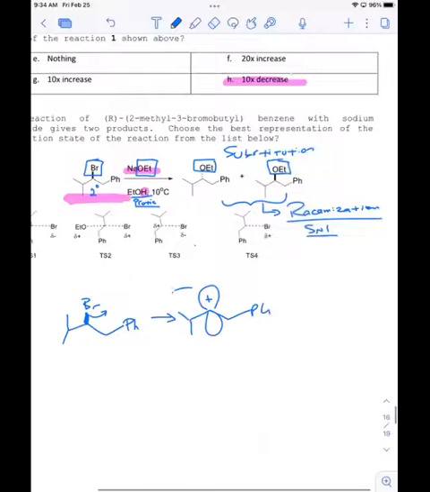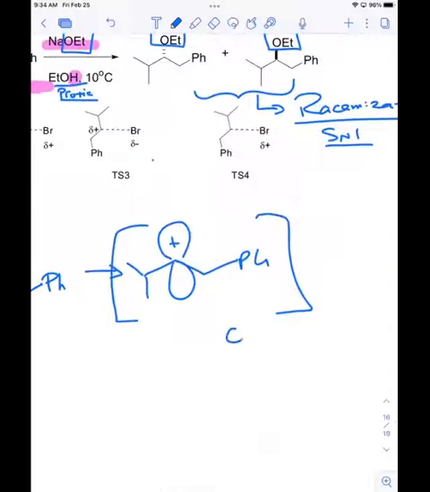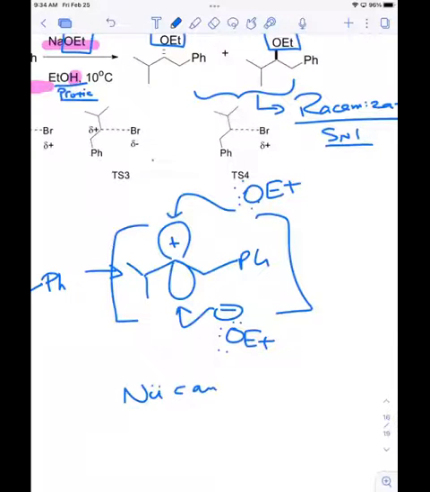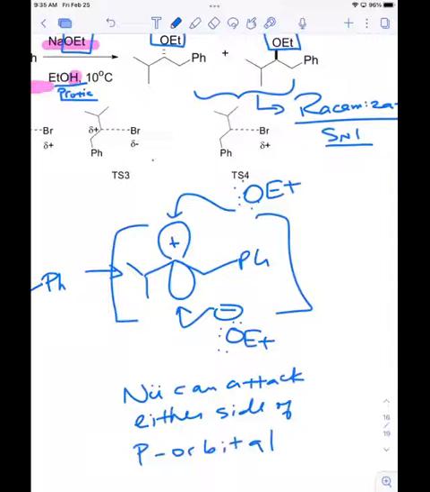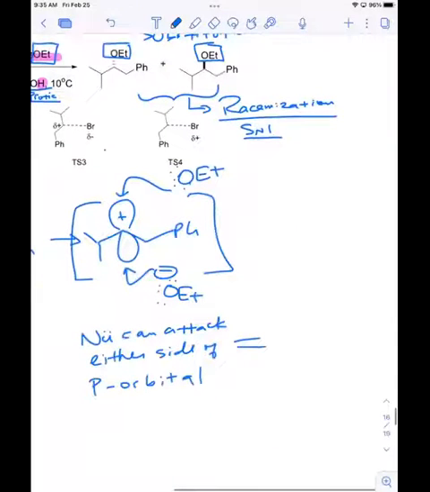All right, so this is my intermediate, and then my nucleophile can attack from either side of that empty p orbital. It can come here, or it can come here. Either side of that p orbital can be attacked, and that's why you see racemization.